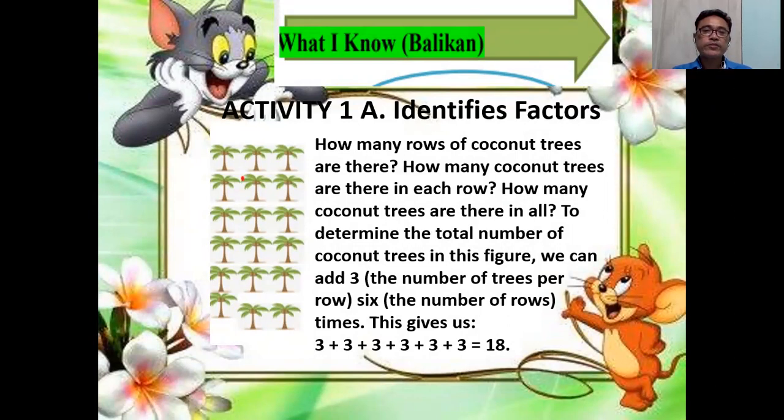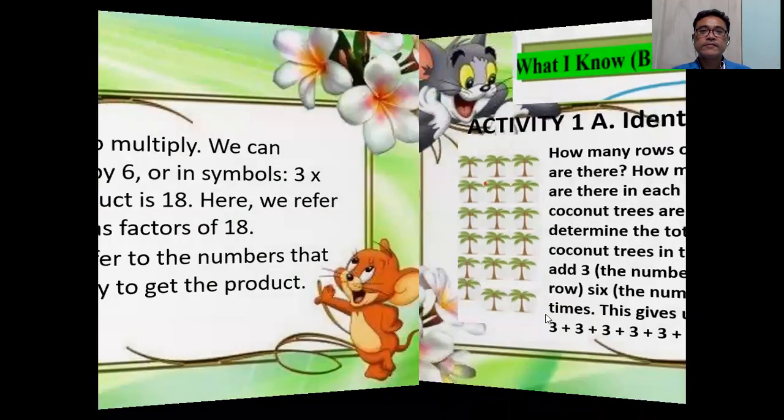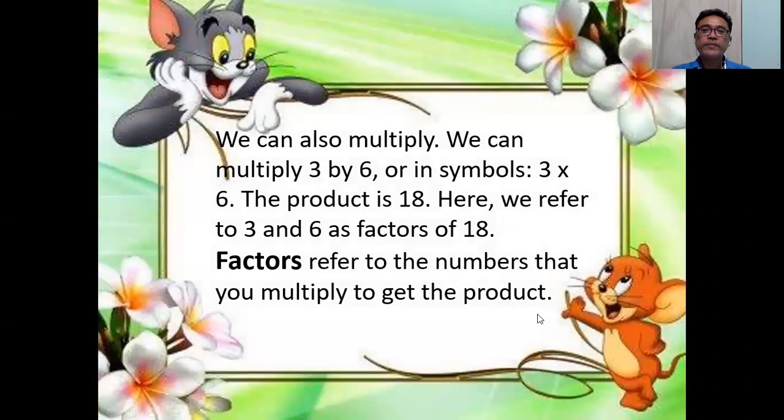To determine the total number of coconut trees in this figure, we can add 3 6 times. This gives us 3 plus 3 plus 3 plus 3 plus 3 plus 3 equals 18. We can also multiply.